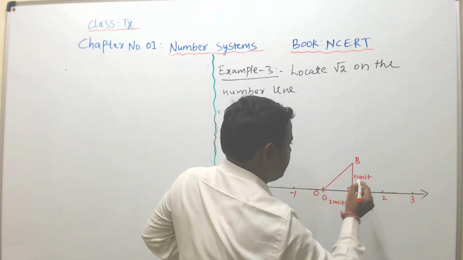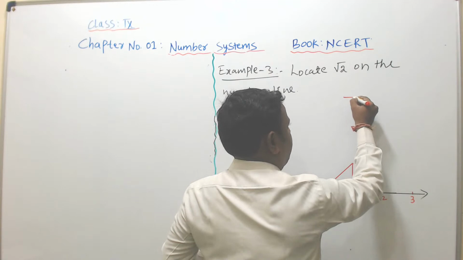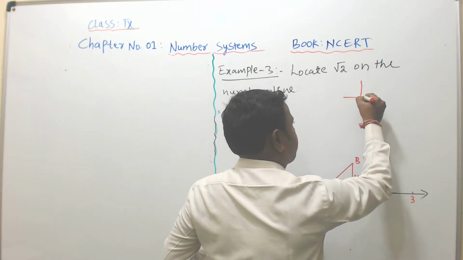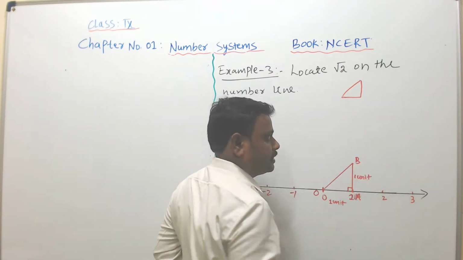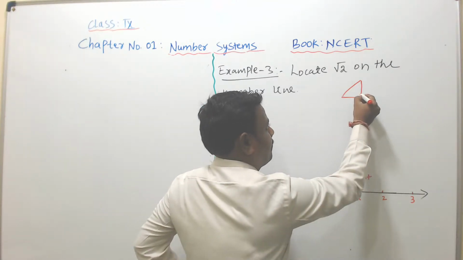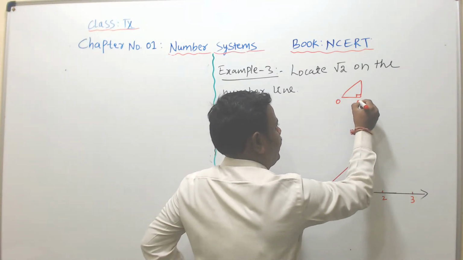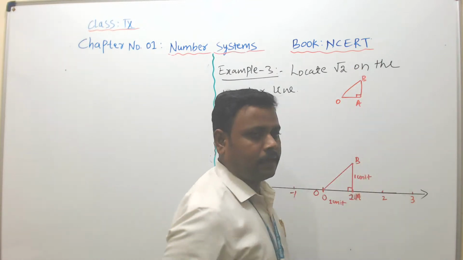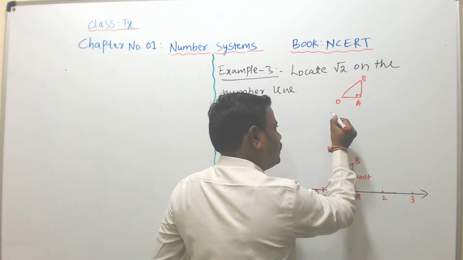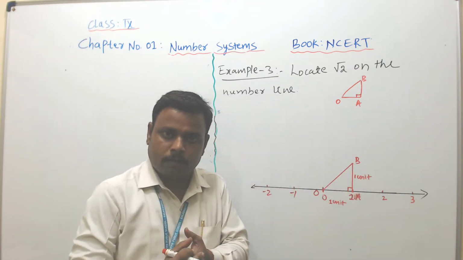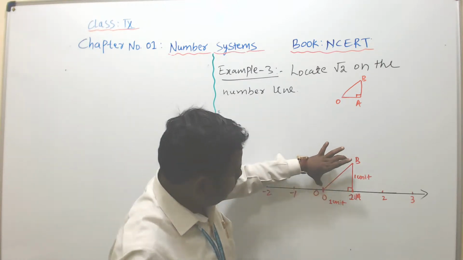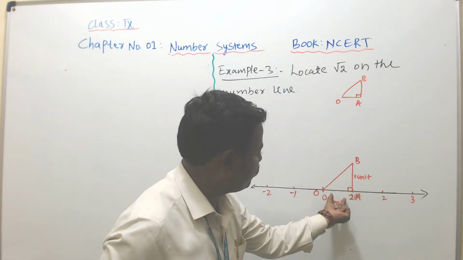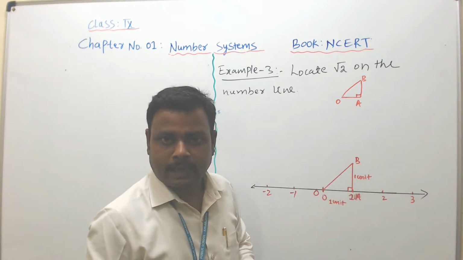This is a right angle triangle. Which is the right angle triangle? OAB. OAB is a right angle triangle. So according to the Pythagoras theorem, hypotenuse square is equal to the sum of the squares of these two sides.